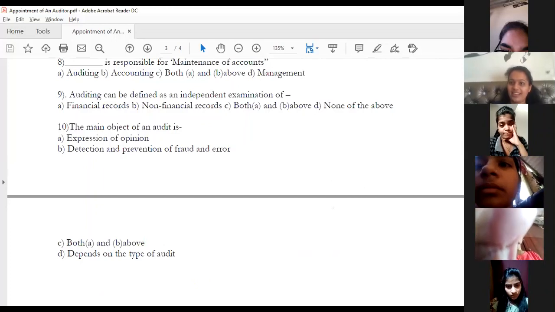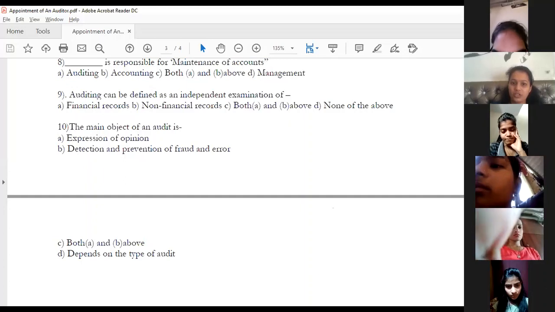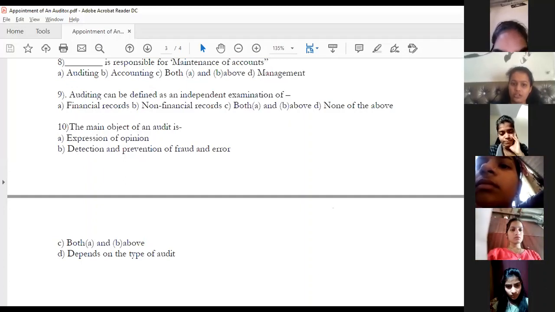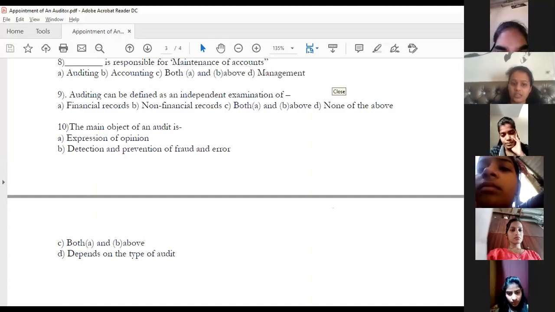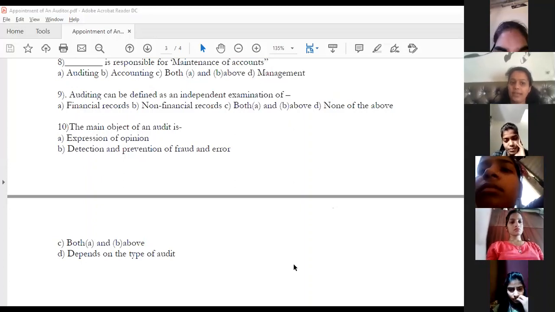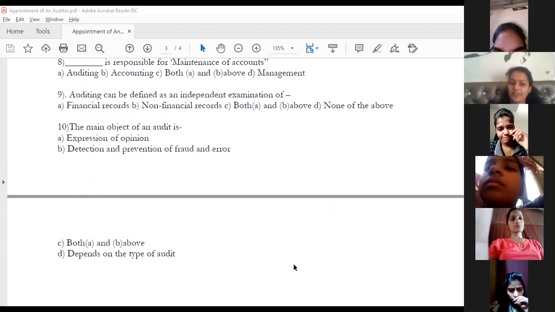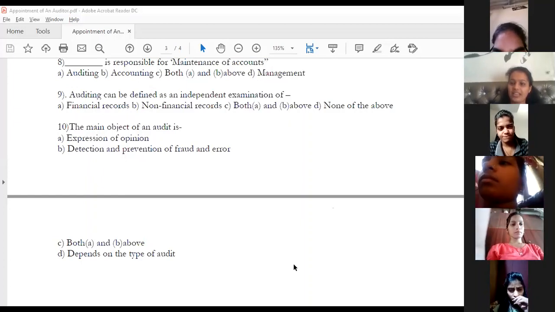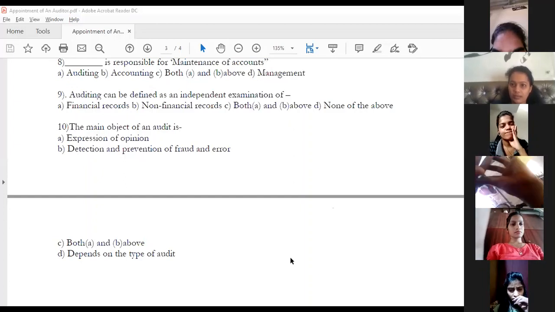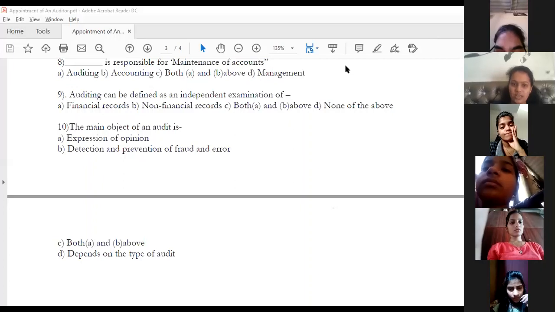Come on, let's see. People are saying C. Shweta Yadav is saying B. Samiksha Usha is saying D. D is not the correct answer. The answer is C. What is the main objective? I can see many others answering. Chandni is saying, ma'am, my answer is right.